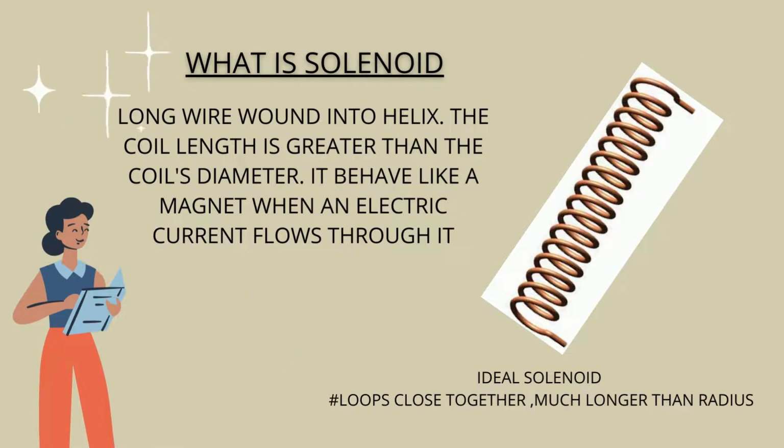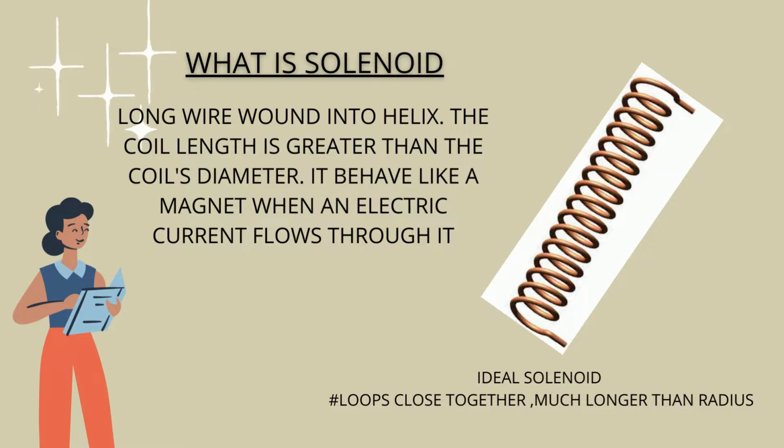Before we proceed, what is a solenoid? Basically, a solenoid is a long wire wound into a helix. The important thing about a solenoid is that it will behave like a magnet when an electric current flows through it.